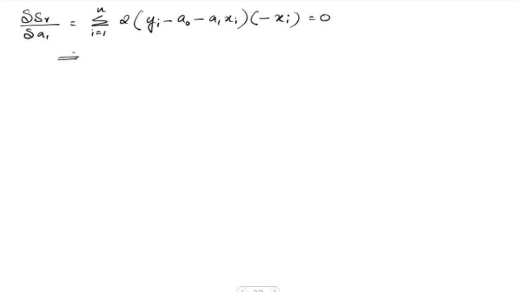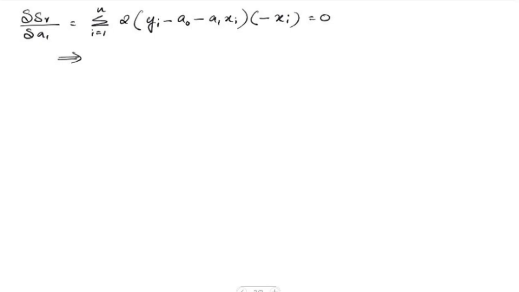Now we try to simplify this more. Here, like before, we multiply both sides by minus 1, so the minus sign goes away, and then we divide both sides by 2, and the 2 will be gone too.